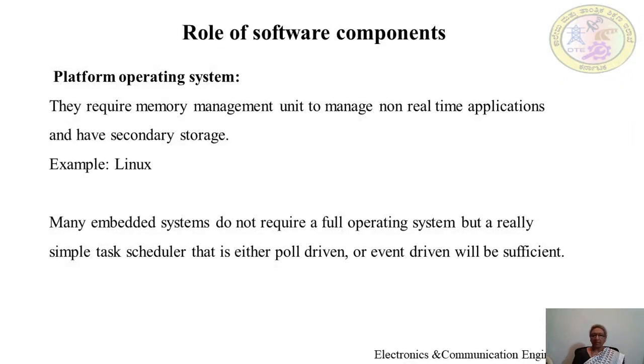Poll driven means the task scheduler simply performs a poll, and if there is a response, it will take action or conduct that event. In case of event driven, the occurrence of an event will cause the task scheduler to perform some tasks. So this is about the various software components that are seen in embedded systems.